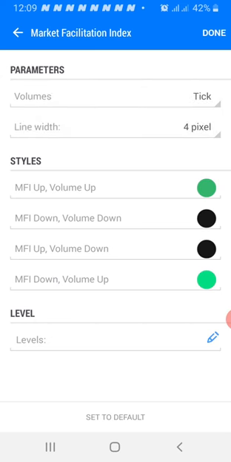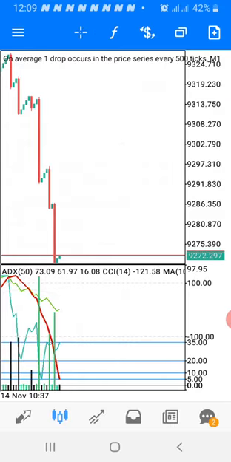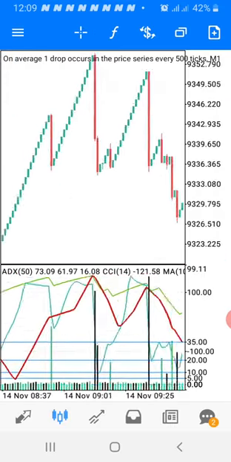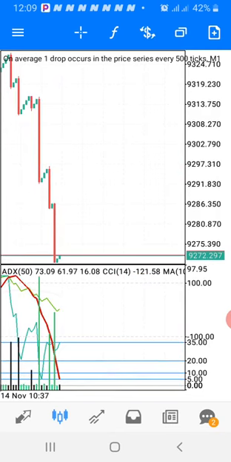Line width should be 4 pixel. MFI up, we use green. MFI down, you use black. MFI up again, black. The MFI down, green. So this is how you should set yours as well. No levels, so you click done. So the indicator is ready.